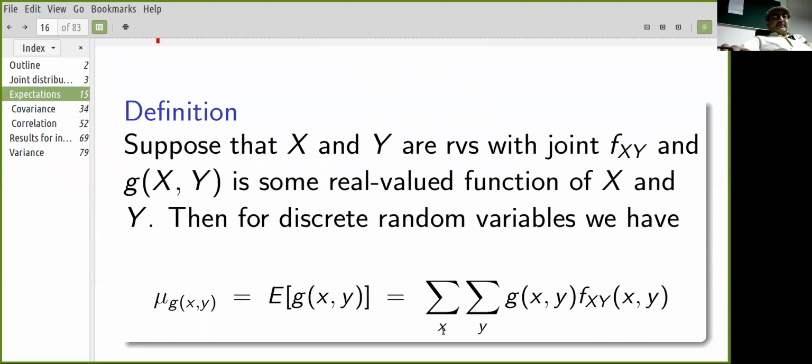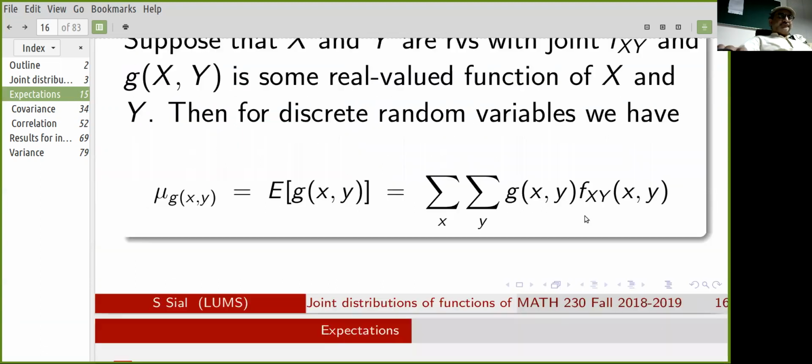We sum over the allowed values of x and the allowed values of y, g of xy times the PMF. And that's analogous to the case where there's just a function of a single random variable. It looks a lot like this, except you have to do a double sum over x and y instead of just a sum over x.